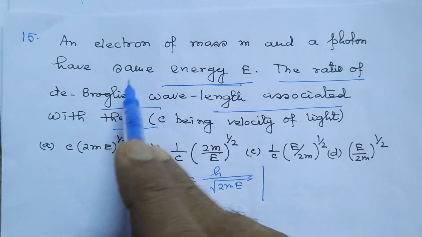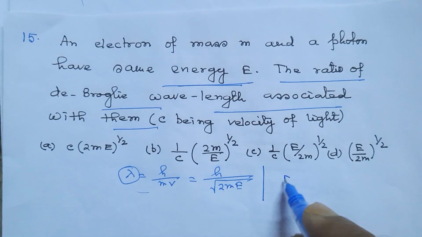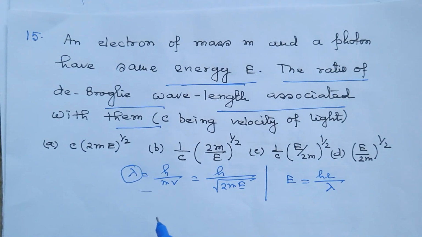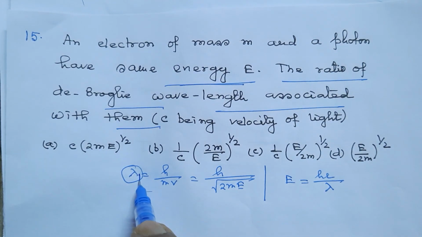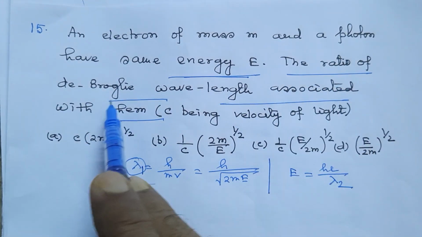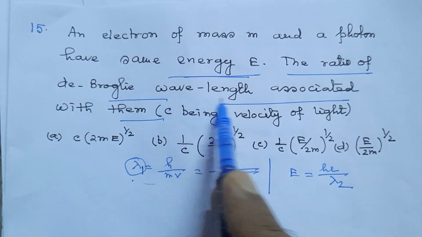Energy of the photon is also E. So E equals hc by lambda. Let the de Broglie wavelength of the electron be lambda 1 and that of the photon be lambda 2. We have to find the ratio of the wavelengths.